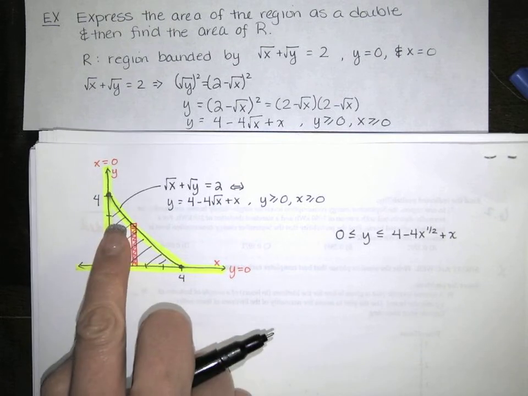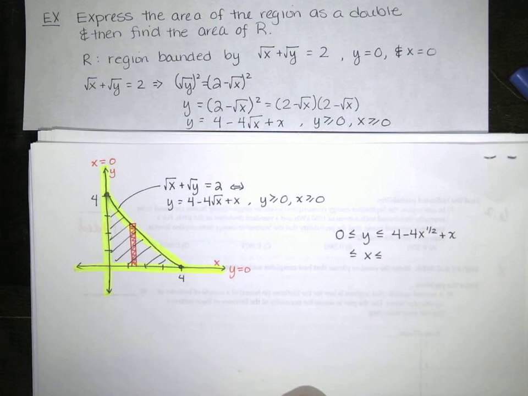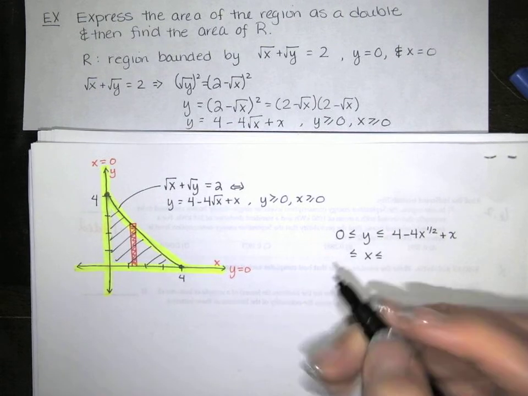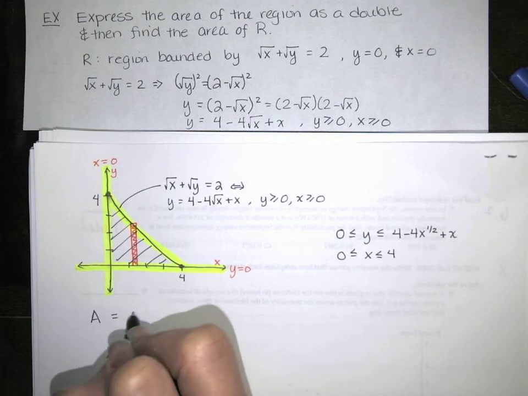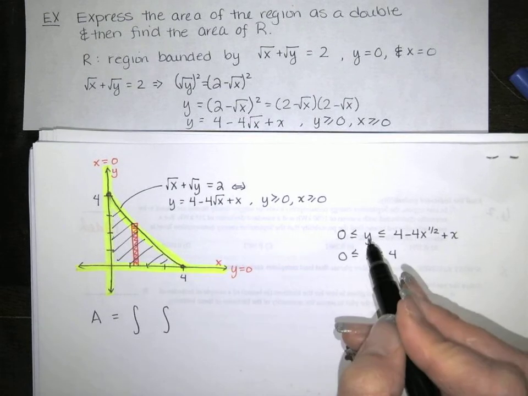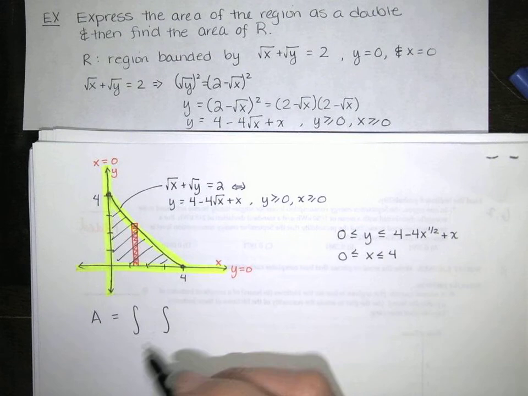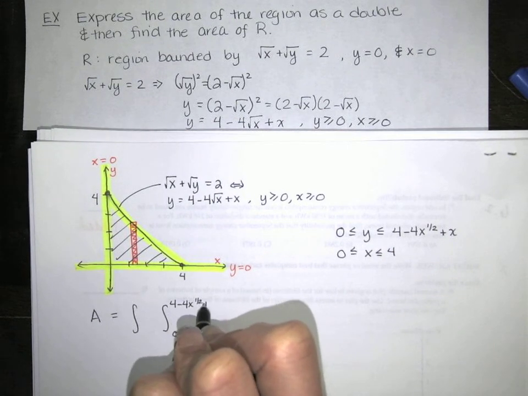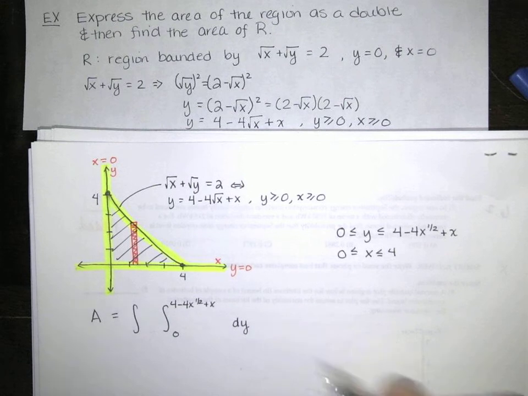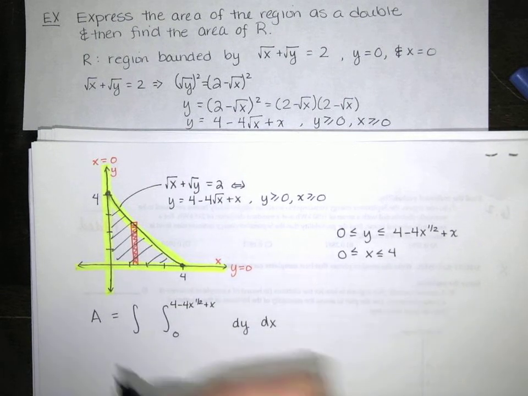So y goes from a function to a function, and x goes from a constant to a constant. x starts at 0 and goes to 4. So one way to represent the area of this region is to integrate with respect to y first, because y is going from a function to a function, and then we integrate with respect to x, where x goes from a constant to a constant.